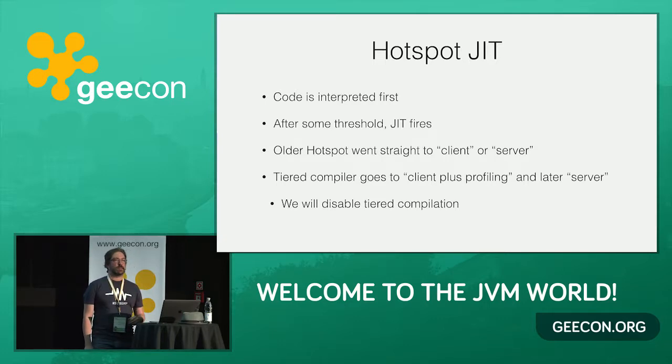And then the server compiler it'll eventually move into. But the idea is that we can have reasonably fast startup and still get to fast runtime performance for a large application. So in this case, we're going to disable tiered compilation. If you have tiered compilation on, logs obviously get a lot more complicated. There's more information being dumped out that we're not necessarily interested in for this talk.